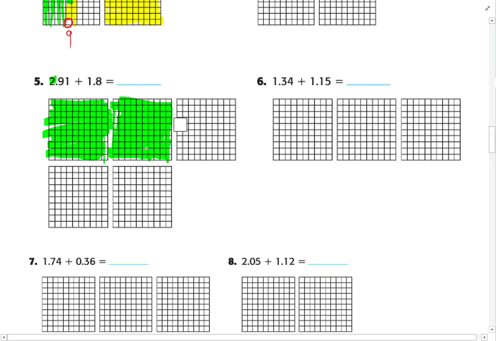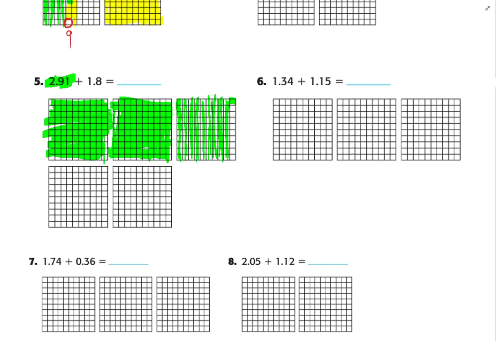And let's clean up this so it doesn't get confusing over on the other one. And I'm going to shade in, so that's my 2. And now I'm going to shade in my 9/10. So again, here's 1/10, 2/10, 3/10, 4/10, 5/10, 6, 7, 8, and 9. And now I have 1/100th. So that's simply this one here. So 2 and 91/100ths is filled in.